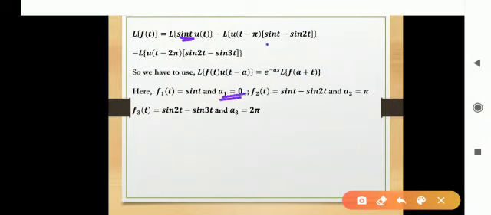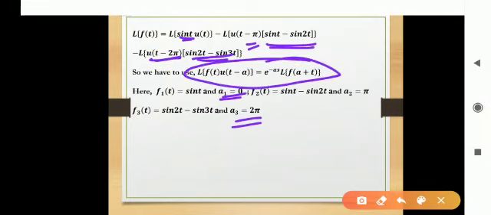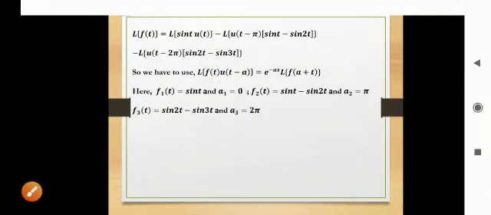For the second term, sin t minus sin 2t is f2 and a is pi, as it is t minus pi form. And the third one, u of t minus 2 pi, so a3 is 2 pi and f3 is sin 2t minus sin 3t. Now we have to apply this Laplace transform result to get the final answer.